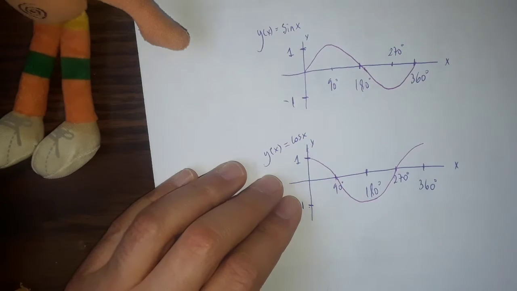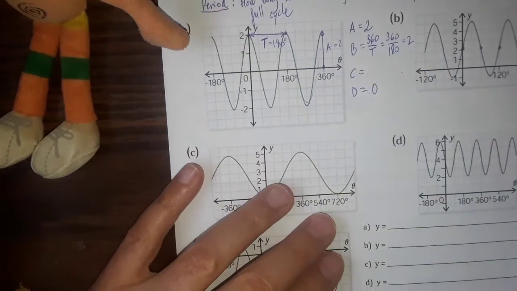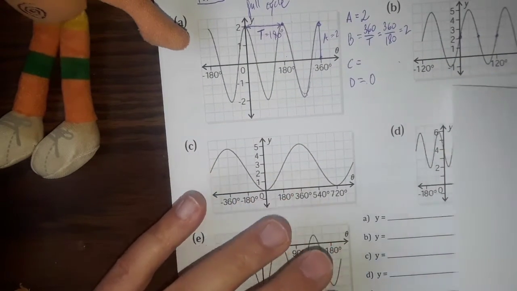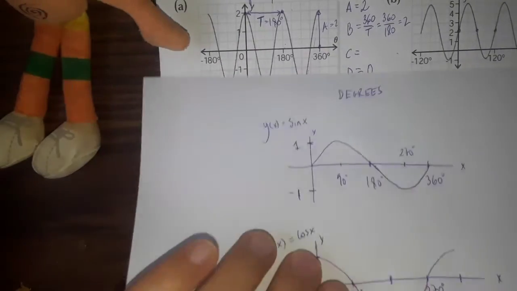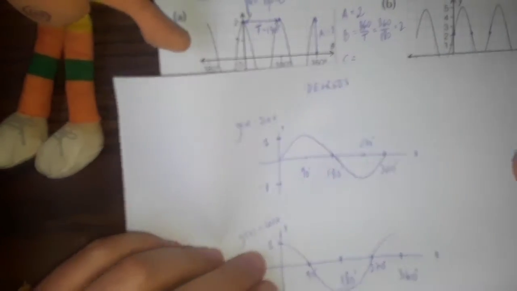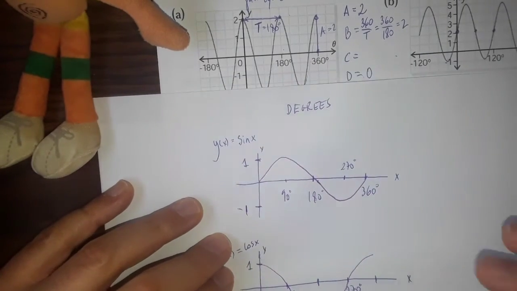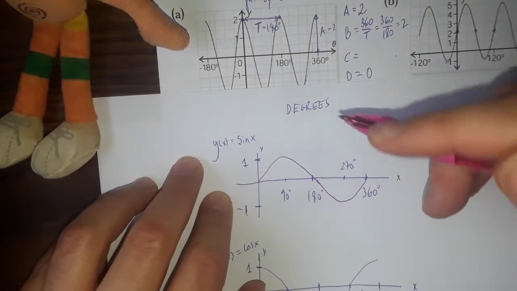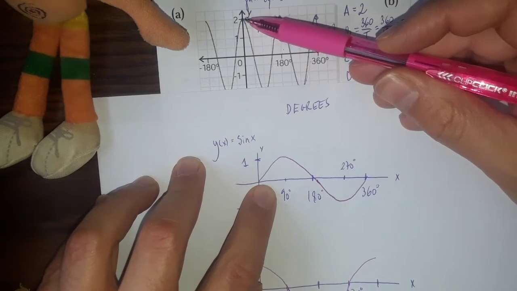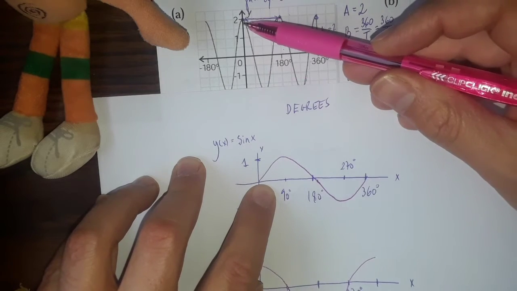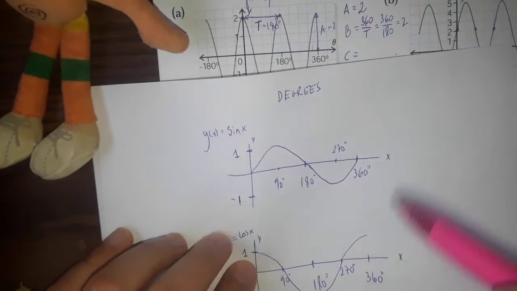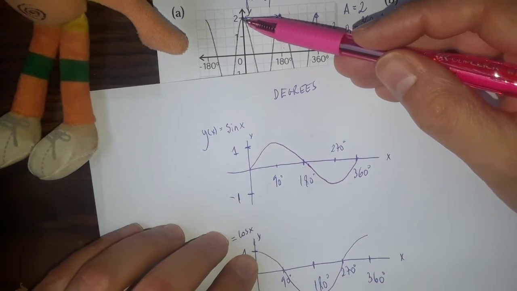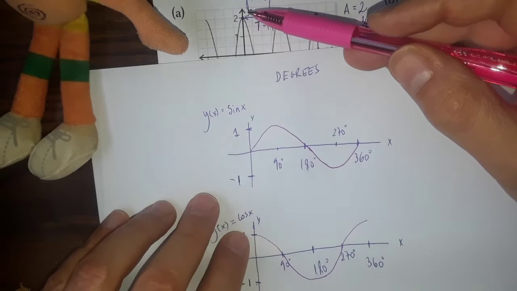Now we go back to here, and we compare. Is this a sine? Let's look at it. Does it start at 0? No, it doesn't. It starts at 2. So it looks like it's going to be a cosine because it starts up here.